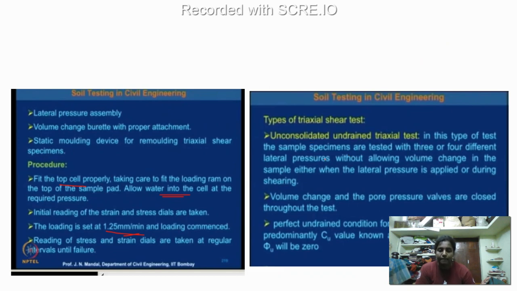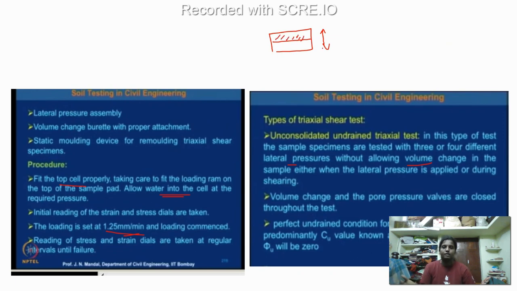In this type, the specimens are tested under three or four different lateral pressures without allowing volume change in the sample. Why do they call it volume change? I told you about consolidation. When consolidation is happening, the thickness is decreasing.